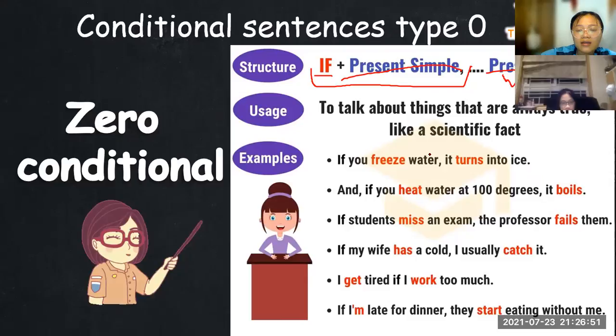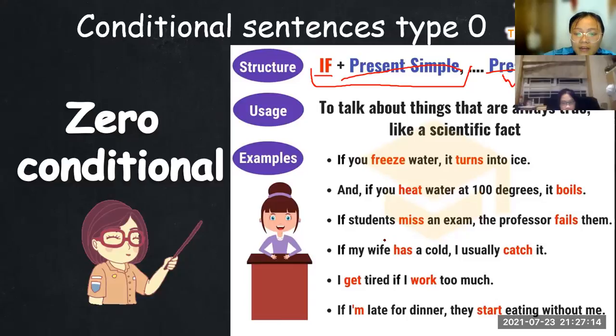Nếu như bạn để nước vào đóng băng thì nó sẽ làm sao? Đóng đá lại, đúng không? Sự thật mà. Hoặc là if you heat water at 100 degrees, it boils. Nếu như bạn đun nước ở nhiệt độ 100 độ C thì nước sẽ sôi. Điều sự thật hiển nhiên, theo khoa học là như vậy rồi, đúng không?